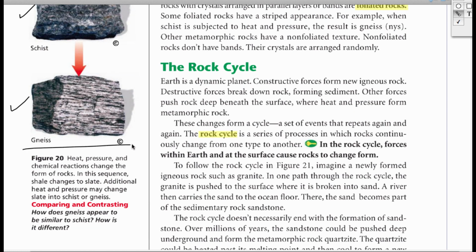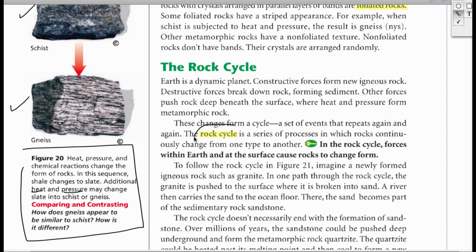And so if you read this here, it's talking about how that rock changed over time due to the additional heat and pressure, and it kind of made it a different type of rock than it was before.